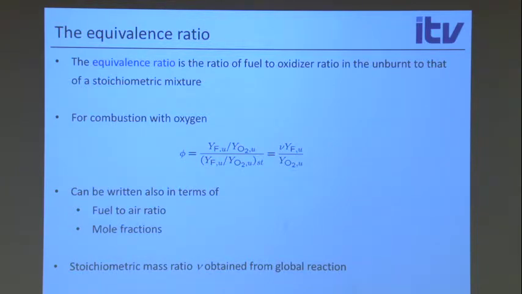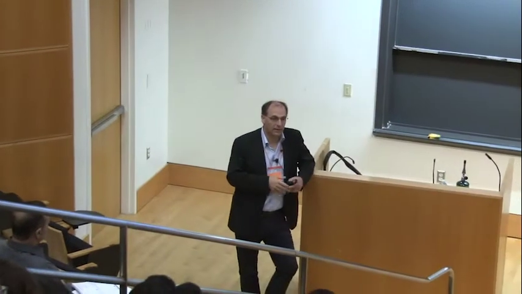If I tell you the stoichiometric mass ratio is 4, or if I say I have a mass ratio of 6, it doesn't tell you very much. You have to think about what the fuel is and all of this, which is why we define the equivalence ratio, which is the mass ratio I have between fuel and air, fuel and oxygen, divided by the stoichiometric value. Okay, that's all it is.